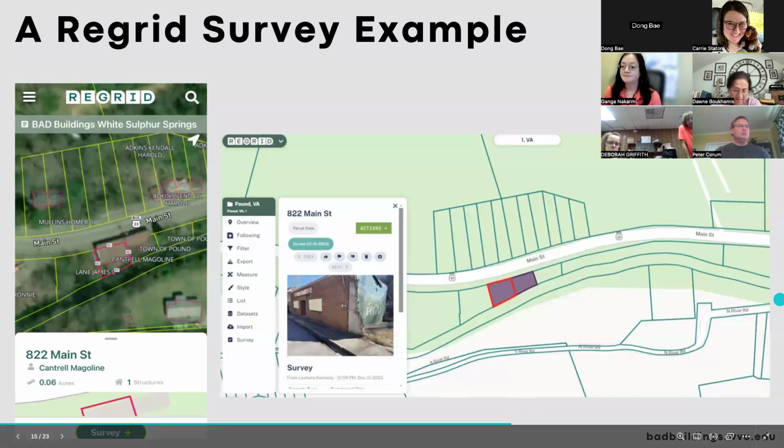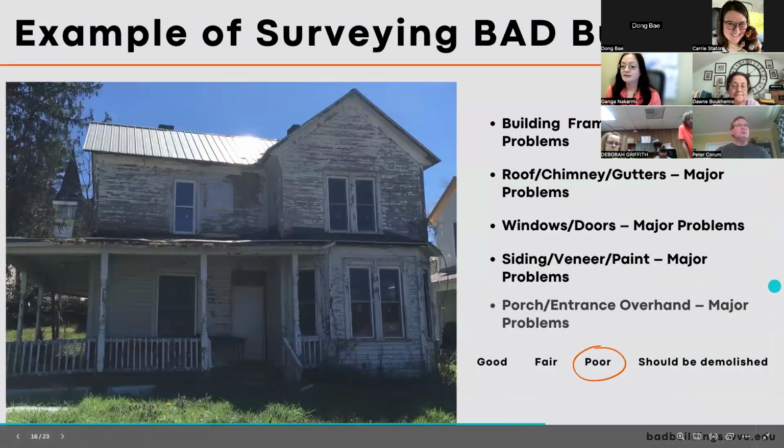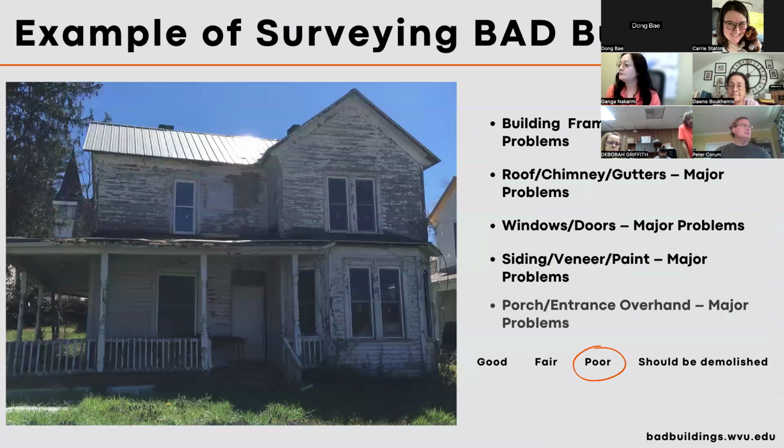Next slide, please. So here is an example of surveying a bad building. From this building we can see the building's frame and structure looks like a minor problem because it stands good, and the roof and chimney have major problems because it looks like it is overhanging from here, so it is rated as a major problem.